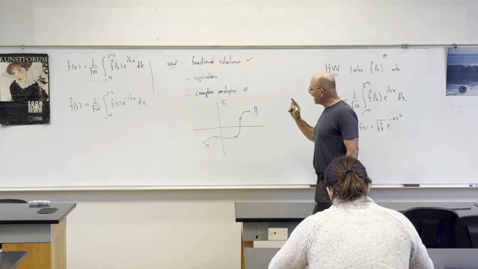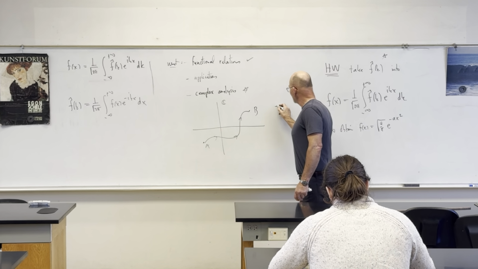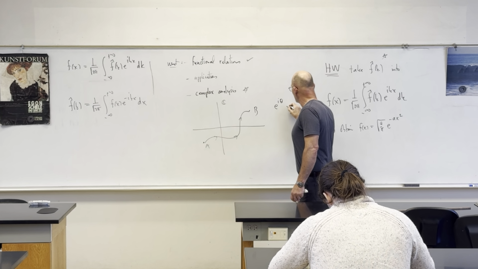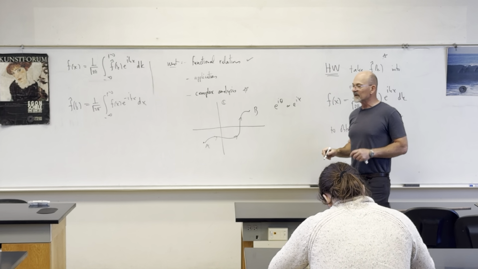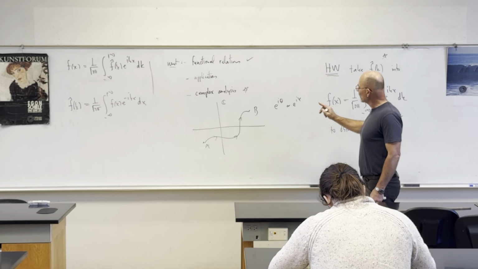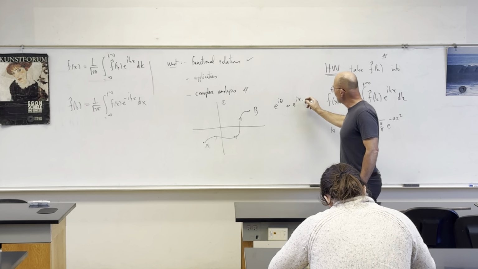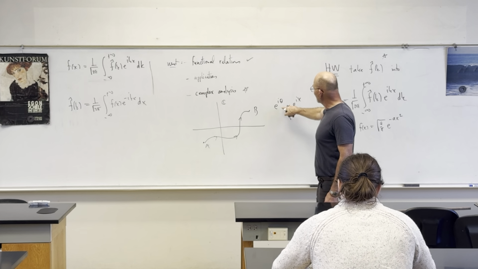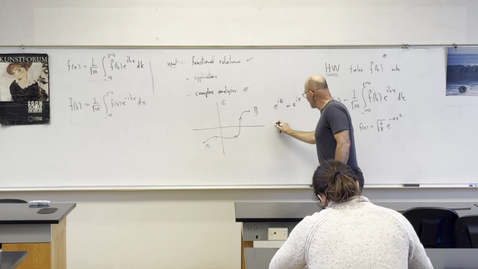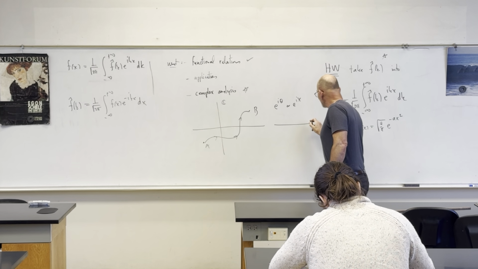We've gotten a little taste of it because we had e to the i theta, or e to the ix, so we're getting used to Euler's formula, but we're going to generalize this. When we did e to the i theta or e to the ix, we were on the x-axis.